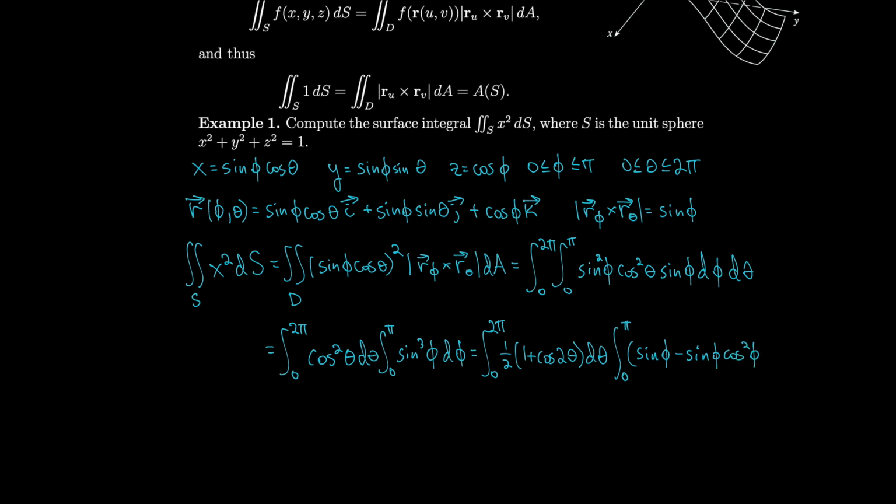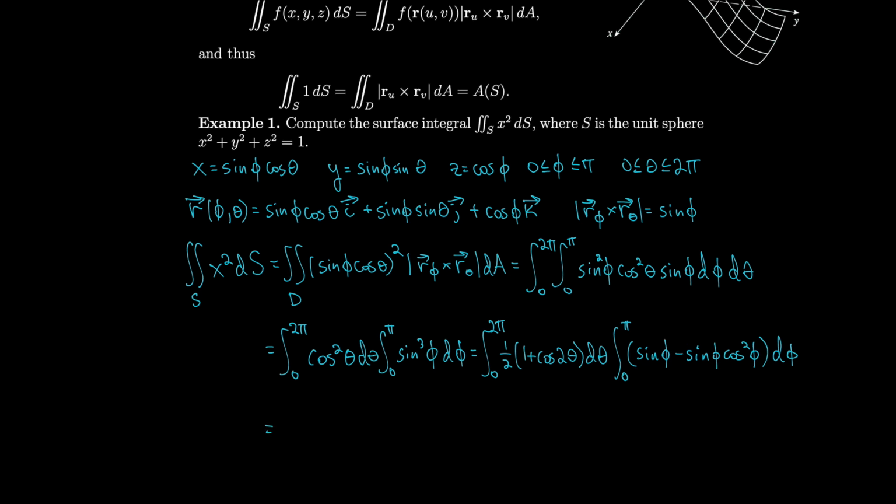And this is a great way to evaluate sine cubed, because this way we have sine, which is easy to take the antiderivative of, and we have a cosine squared with a sine next to it, so it's an easy mental substitution.